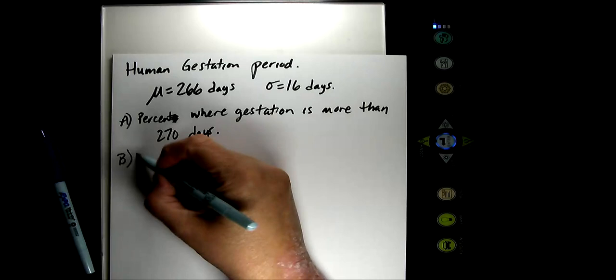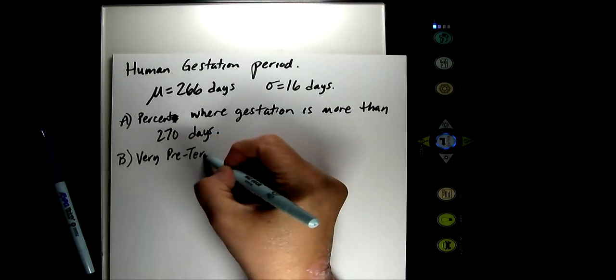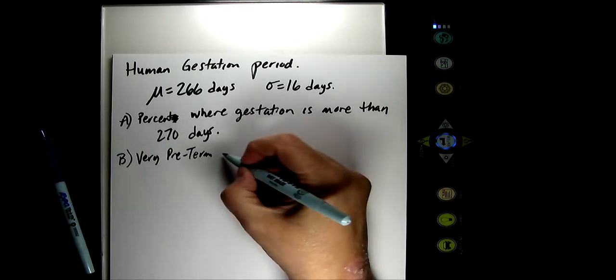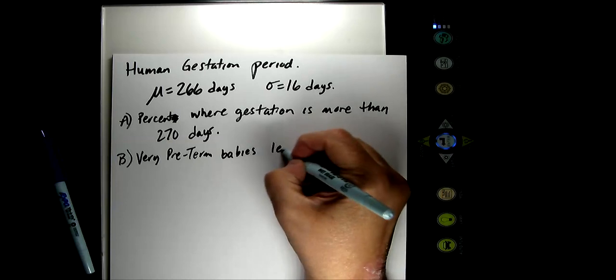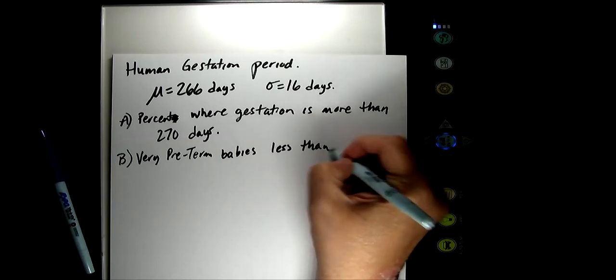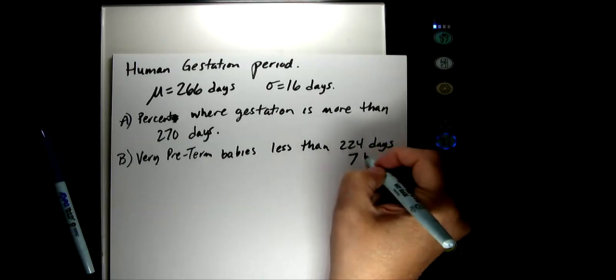Very preterm babies are less than 224 days, which is like 7.5 months.